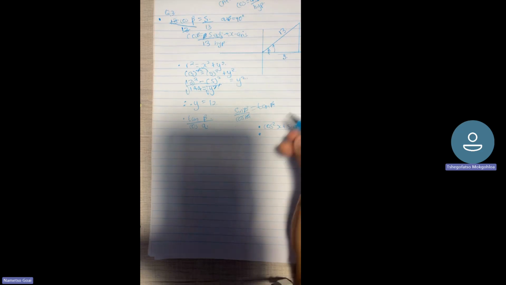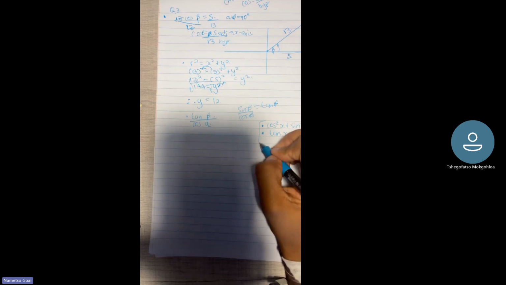We actually have, when we were doing trigonometry, we said under our identities, we have our two most important identities. This is our identity one, which is cos squared x plus sine squared x equals 1, right? And we also have tan x equals sine x divided by cos x. These are like givens.